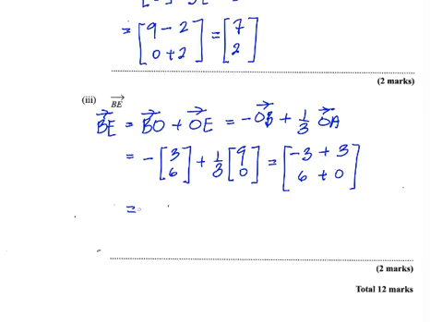So the vector BE, minus 3 plus 3 is 0, is the vector (0, 6). That's the end of the question and the end of the exam.